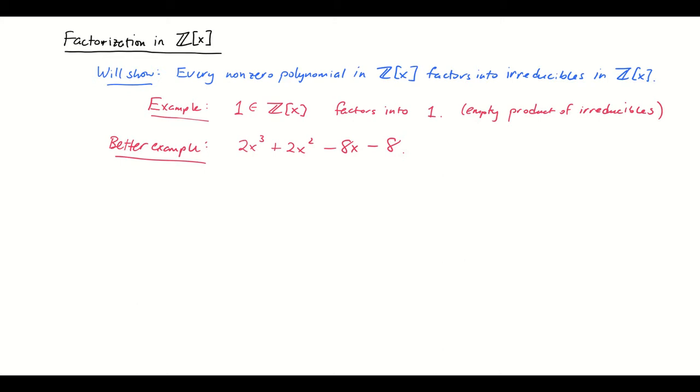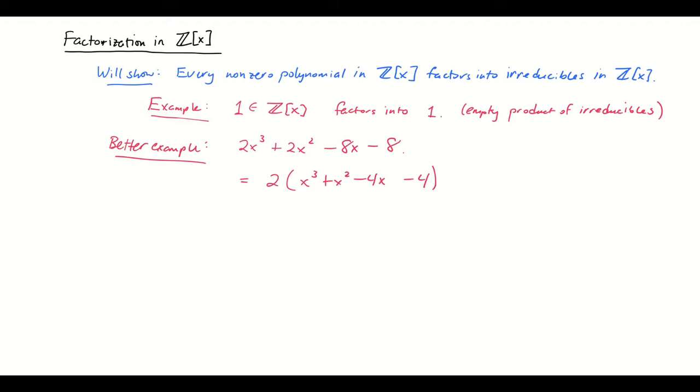In other words, whether there are any common numerical factors among the coefficients. And there is a 2 in common, so I'm going to factor that out first. So this whole thing is equivalent to 2 times x cubed plus x squared minus 4x minus 4. And now I look at this. Now I have a polynomial here, cubic, content 1. It's primitive. So now there's no other numerical factor I can factor out.